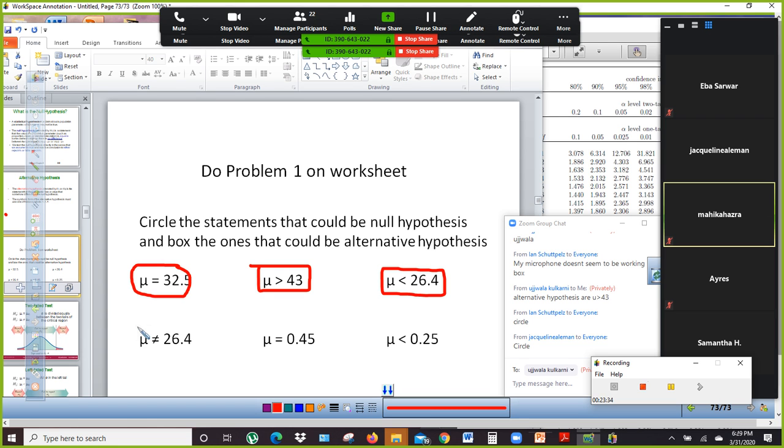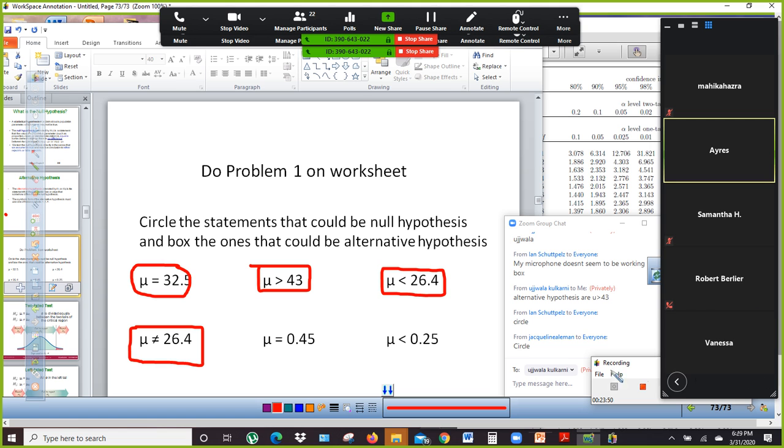Box. Great, that's also not equals. Samantha, the next one. Circle. Yep. And then the last one, Robert.